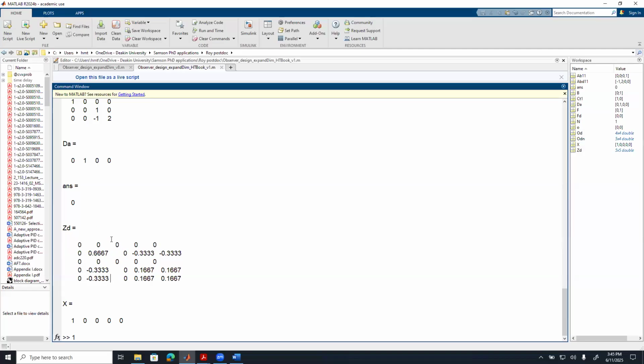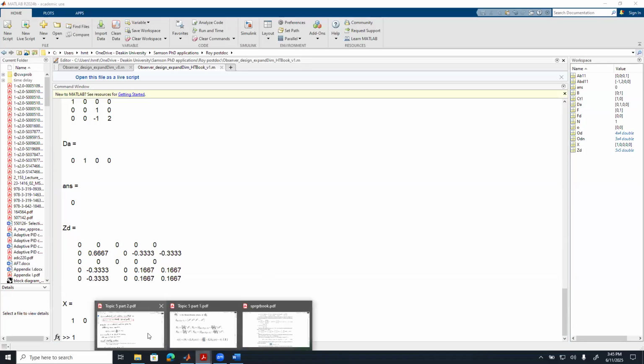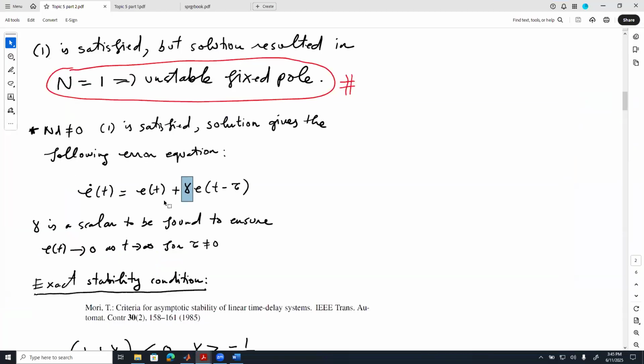And then they got another row, so we can just replace that by a single scalar. So we got this error dynamic equation, and we want to find a gamma to ensure that this time delay system is stable for a given value of tau.